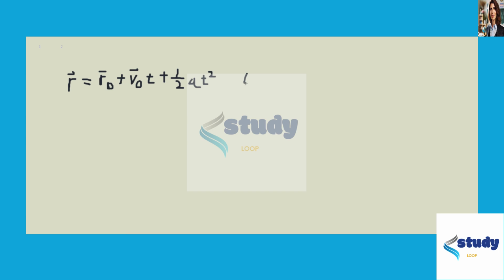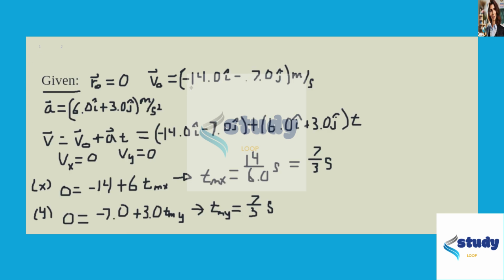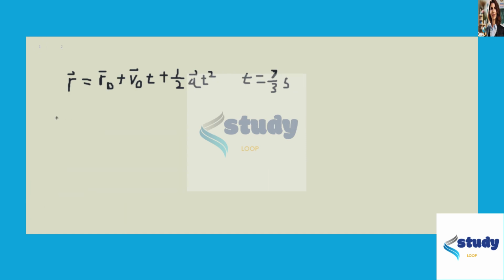Well, t is equal to 7/3 seconds here. Now we just need to plug in our values for v naught and a, which are on the previous page. V naught is minus 14 i hat minus 7 j hat. We also need r naught, but that's just 0, so we can ignore that.